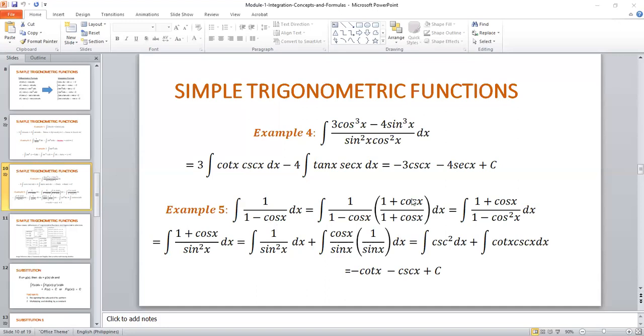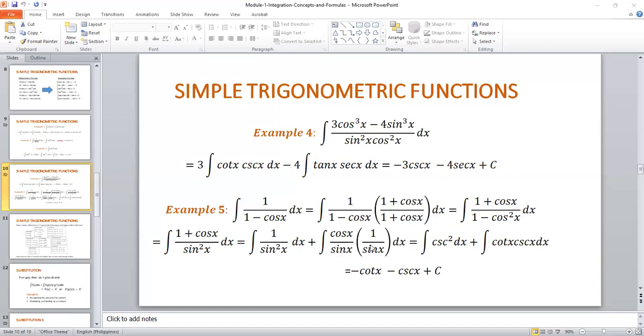The question is, have we violated any mathematical rule in doing this? The answer is no, because 1 plus cosine x over 1 plus cosine x is just 1. So you still have the original given expression intact. You did not change it at all.